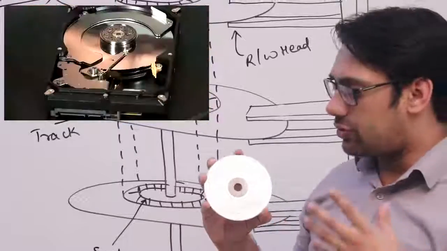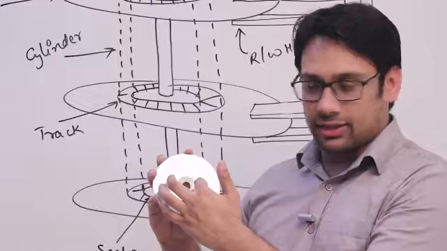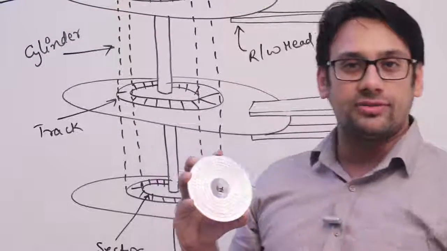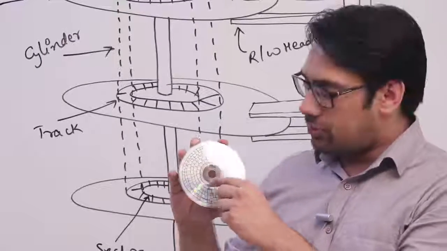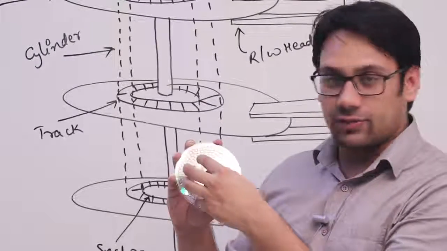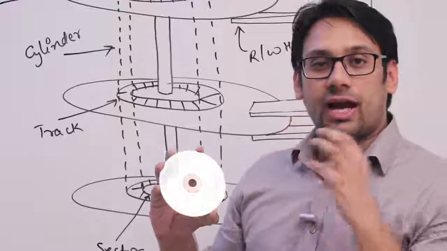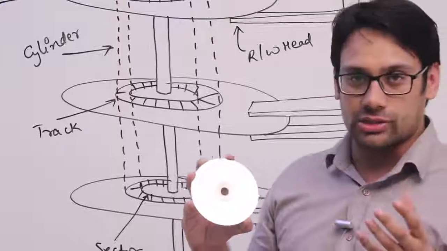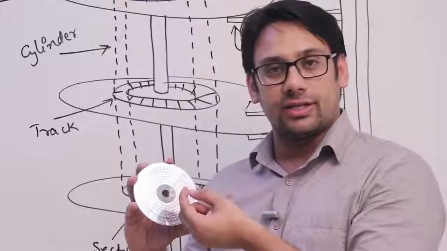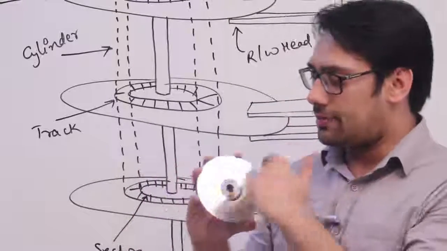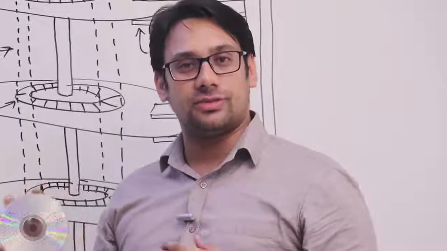So you can see the innermost track, the one closest to the center, has the highest density of storage. It stores more information because the number of sectors in that inside track is equal to the number of sectors on the outer side of the drive.